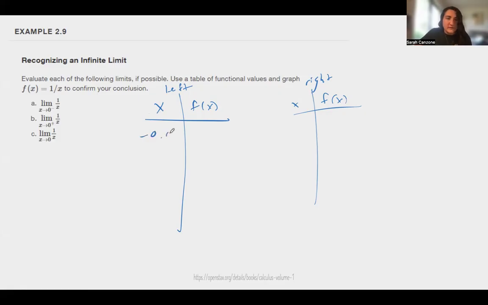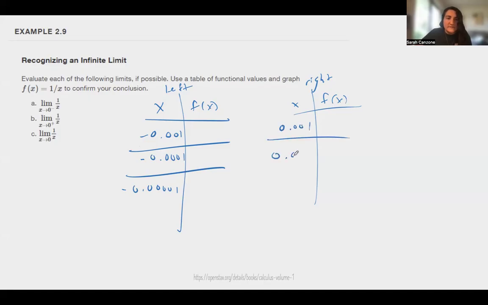Let's go even closer: negative 0.001, negative 0.0001, and let's go negative 0.00001. Because the closer we get to it, the smaller the number, the more likely we are to see what's actually happening. I'm not going to do 0.1 because that's not going to give you a whole lot. Then I'm going to do the same exact numbers on the right-hand side, except with positives.